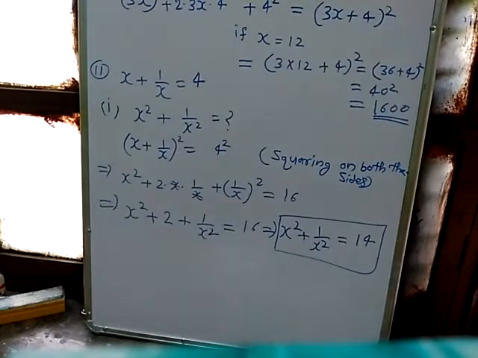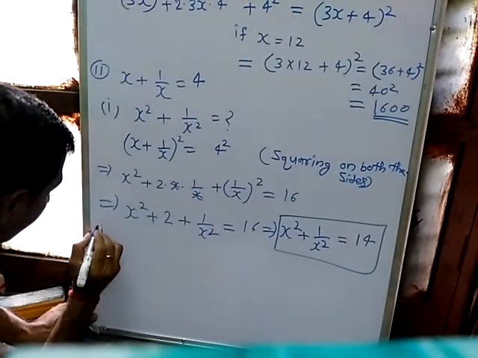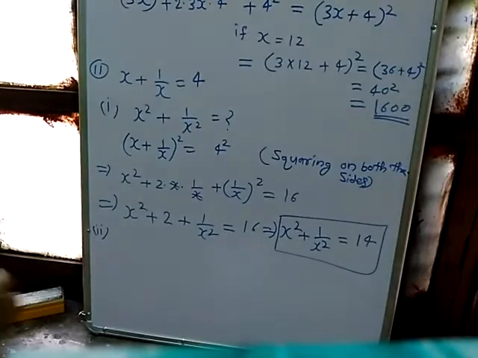Is it clear? The second part of this question: find the value of x to the power 4 plus 1 upon x to the power 4.